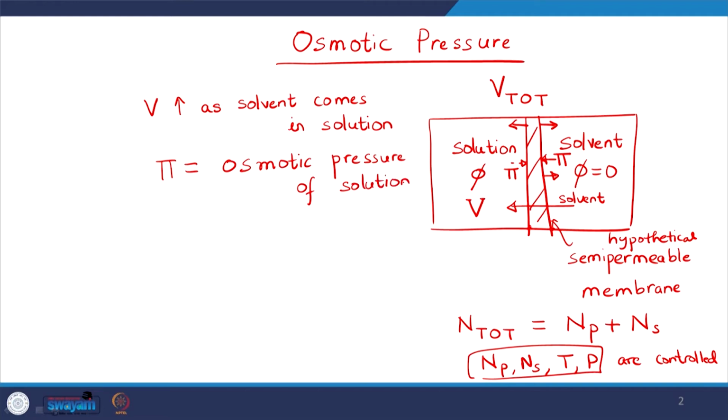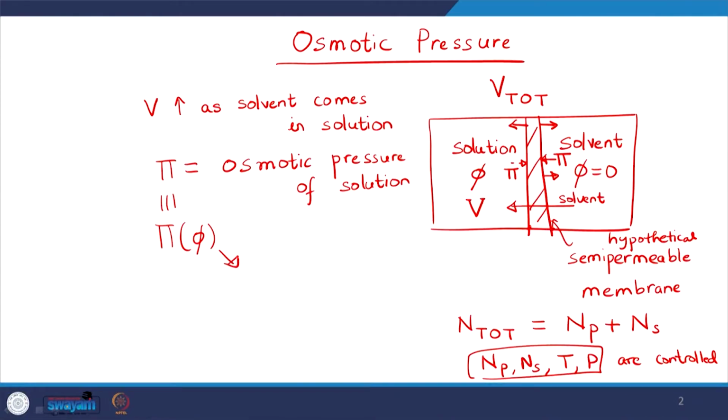and as you may imagine, this should be a function of phi, because let us say, for example, when phi is very high, the amount of solvent on the solution side is less, and then we have pure solvent on the other side. So, you have a large concentration gradient, so as to speak, to begin with.